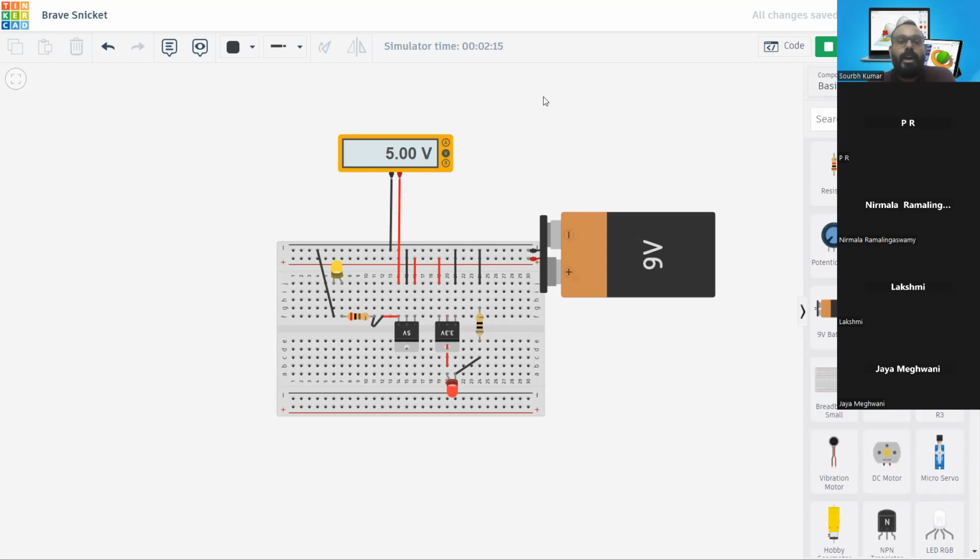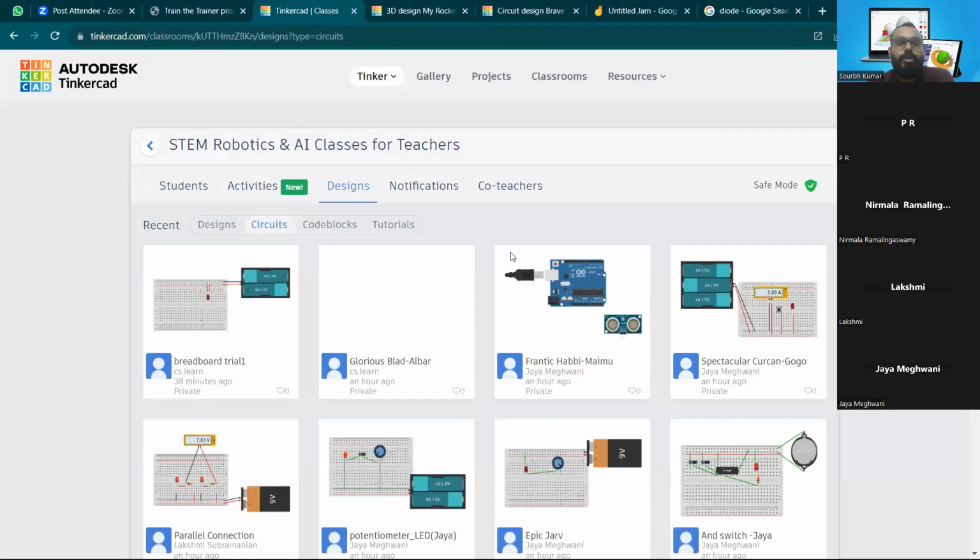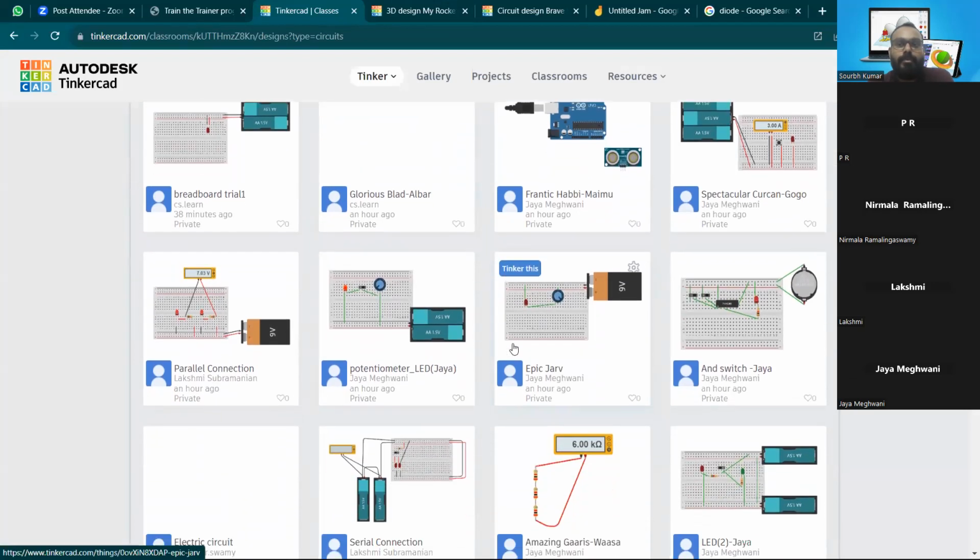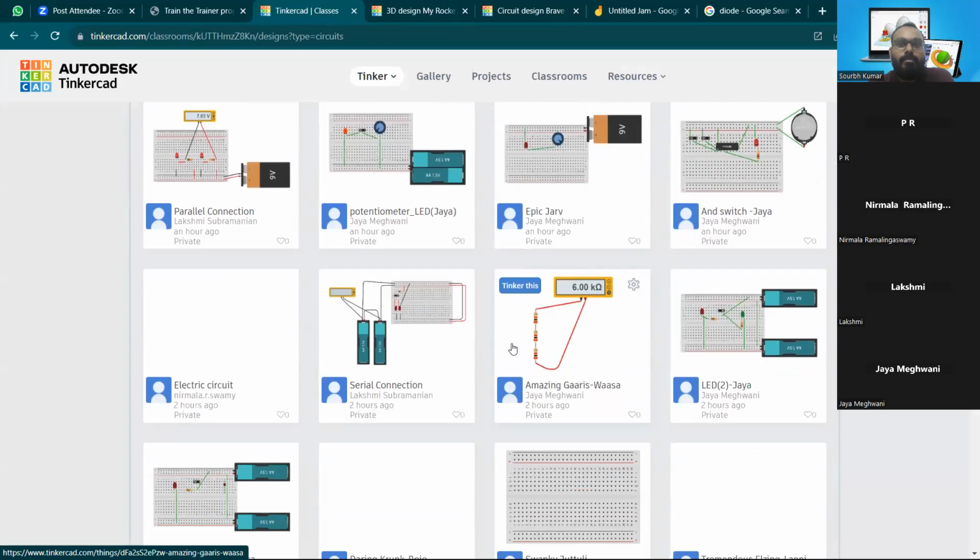So anyone else, do you have any doubt? Let me have a doubt. Yes, ma'am, please. Can you open my assignment, potentiometer LED? Where is it, help me a little. It is potentiometer LED. This one?